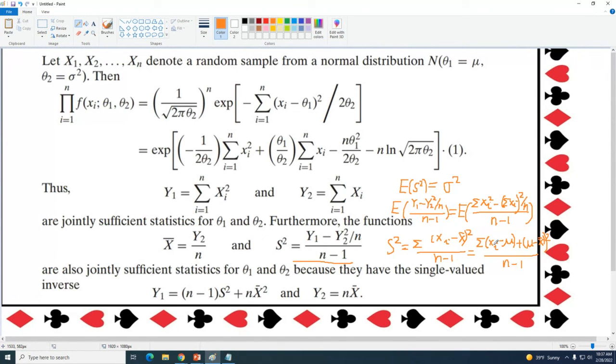There's the marker. So s squared is also equal to this, right?